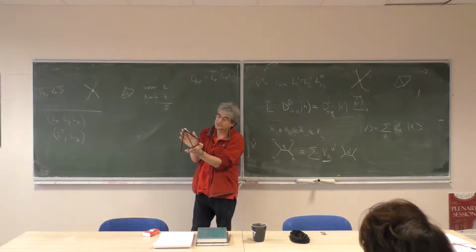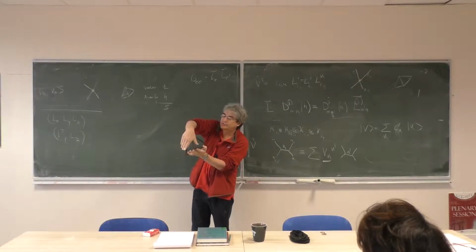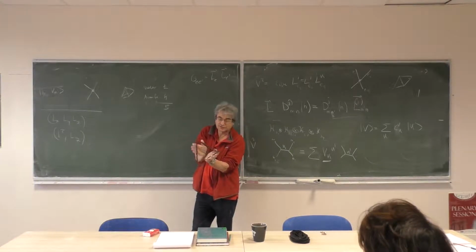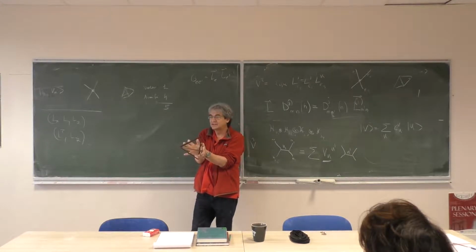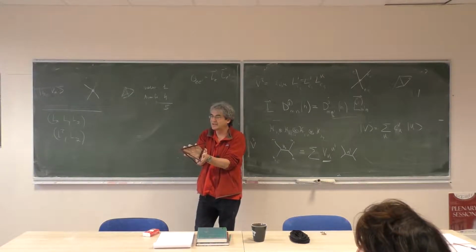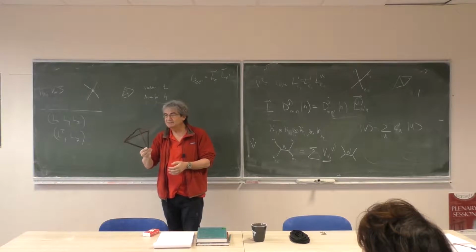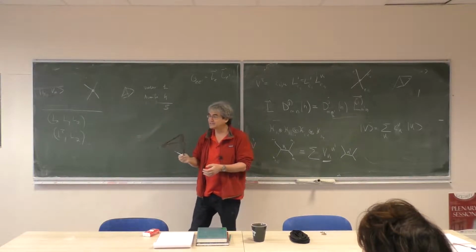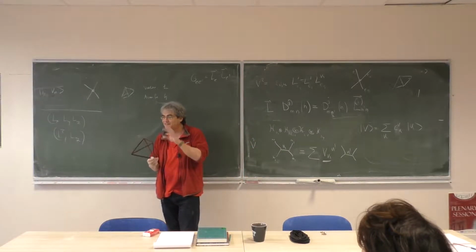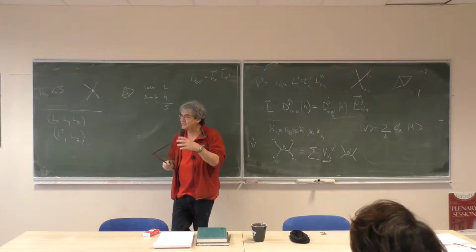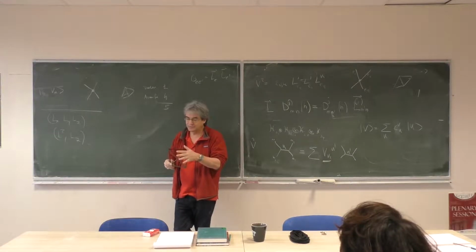It's pretty obvious that if you fix this dihedral angle, this is also determined, but the other dihedral angle is not. So this dihedral angle and this dihedral angle don't commute with one another. It's like Lx and Ly. Which means that these little tetrahedra that I've drawn are not really tetrahedra, they're fuzzy tetrahedra, in the same sense in which an electron is a fuzzy rotating stone.